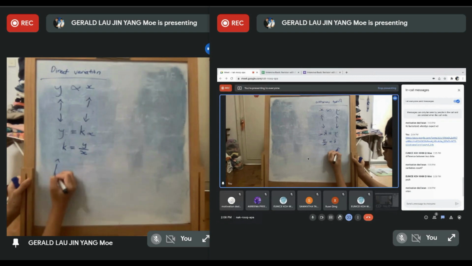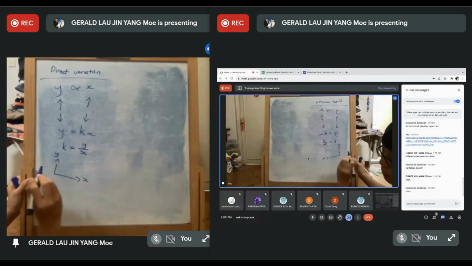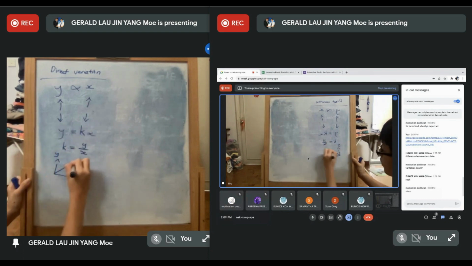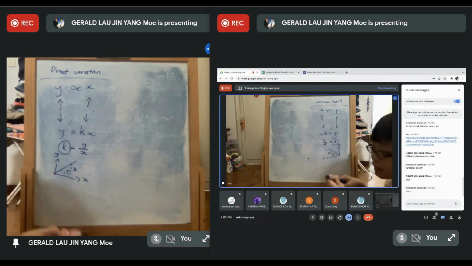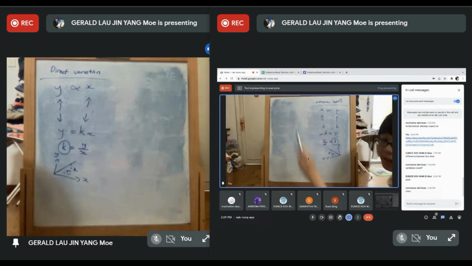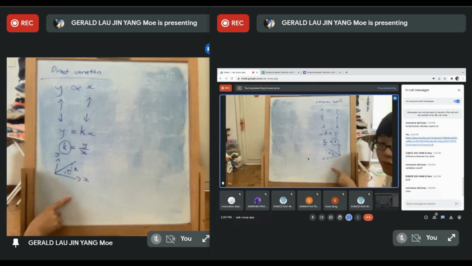So when you draw a graph of y against x, it will always be a straight line because it's a direct variation. So k will be your gradient. You understand? k will be your gradient. Direct variation is always a straight line. This is how you find your constant.